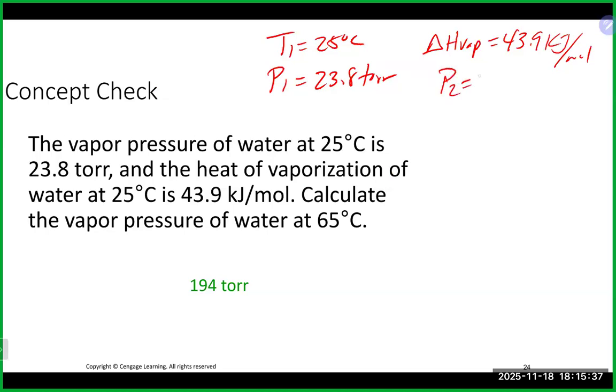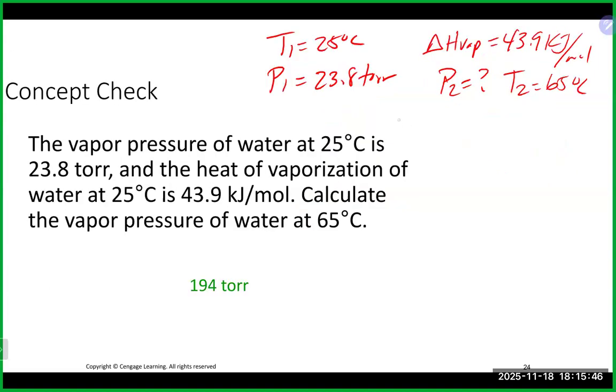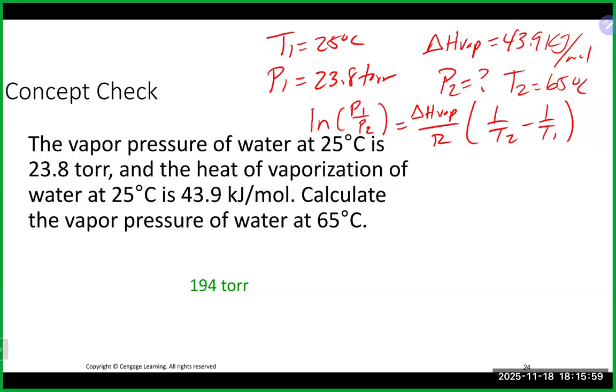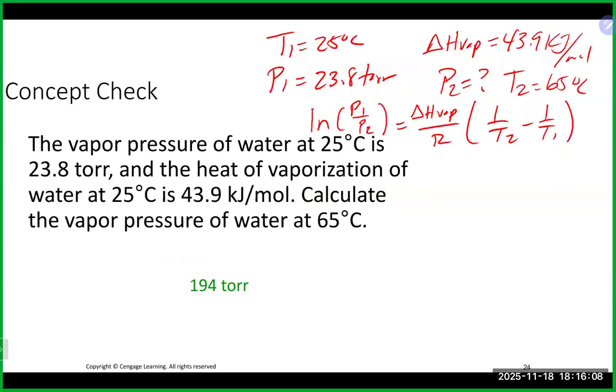We'll call that P2 when the temperature is 65 degrees Celsius. So we could use the equation that we have here, which again is the natural log of P1 over P2 is equal to delta H of vaporization over R, 1 over T2 minus 1 over T1 in this particular case. Again, like normal, we do need some Kelvin because of our R constant. So like normal, we do need our temperatures in the Kelvin.